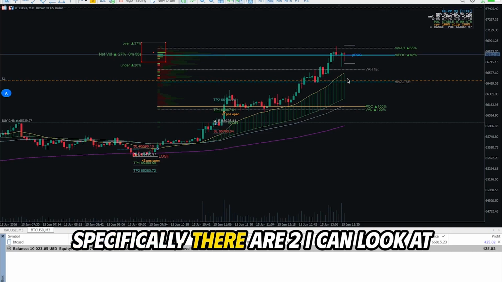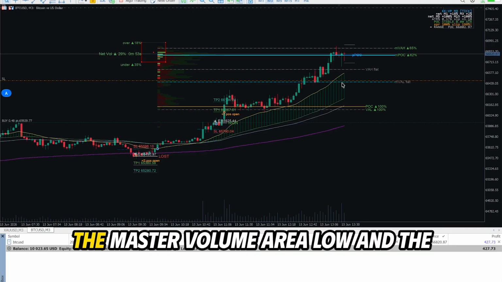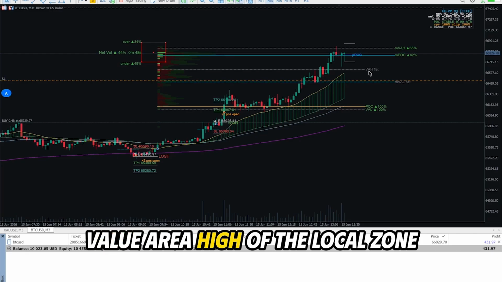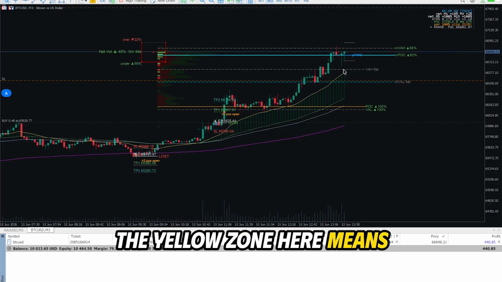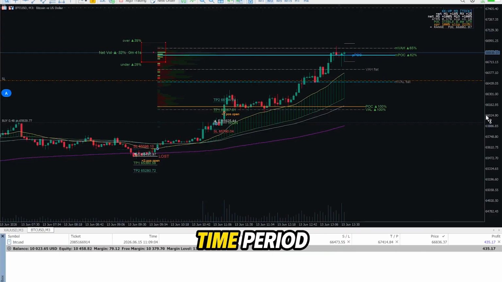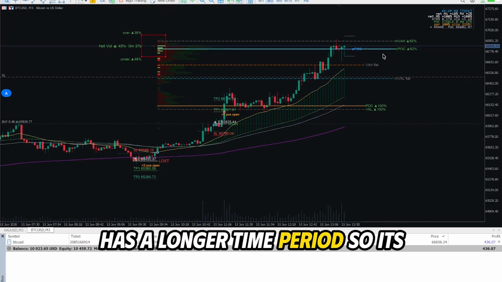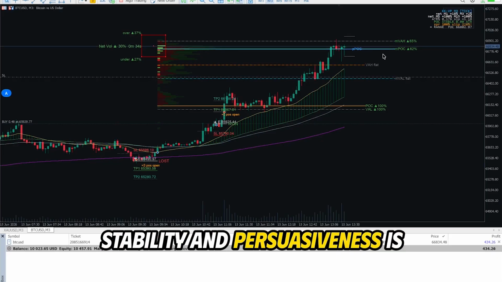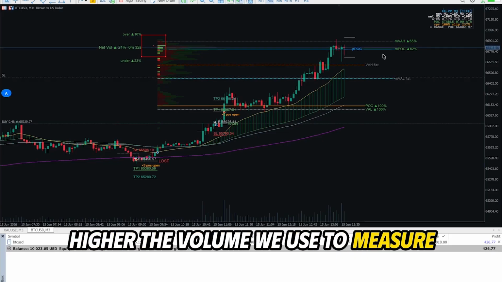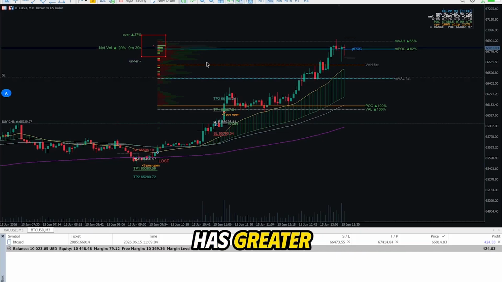Specifically, there are two I can look at: the master volume area low and the value area high of the local zone. The yellow zone here means the volume profile over a shorter time compared to the master. The master has a longer time period, so its stability and persuasiveness is higher. The volume we use to measure has greater authenticity.